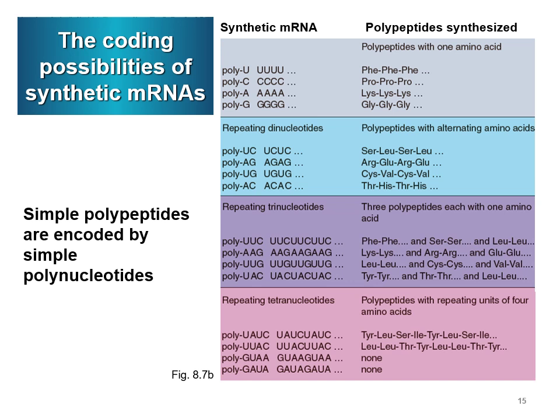Then they did triplets, UUC, AAG, UUG, UAC, and they were getting three different amino acids synthesized. They were getting phenylalanine, serine, and leucine, or they were getting lysine, arginine, glutamic acid, and so forth.